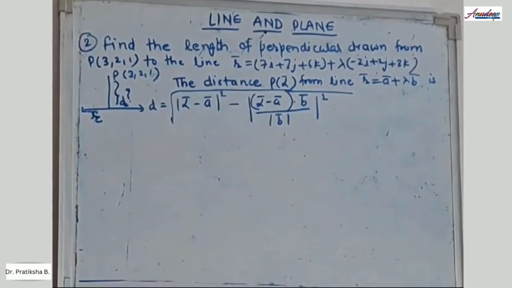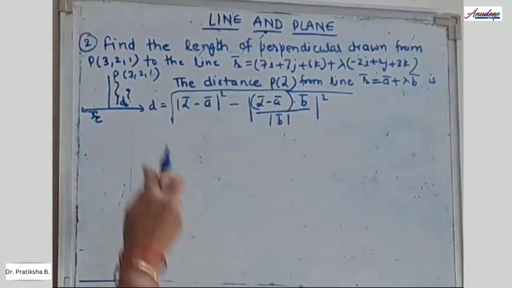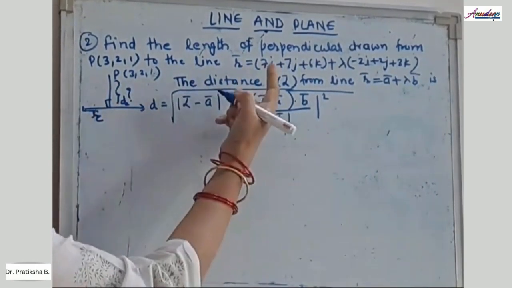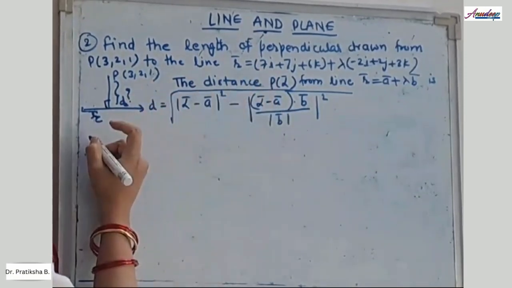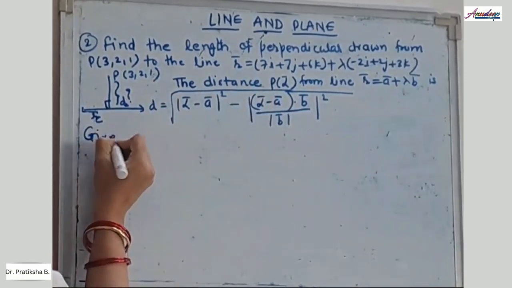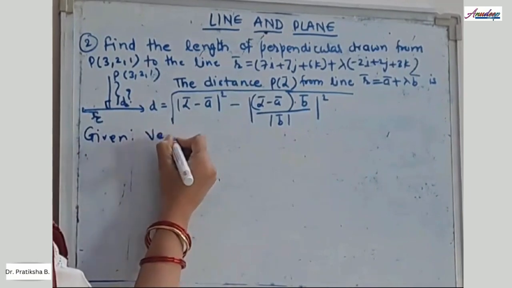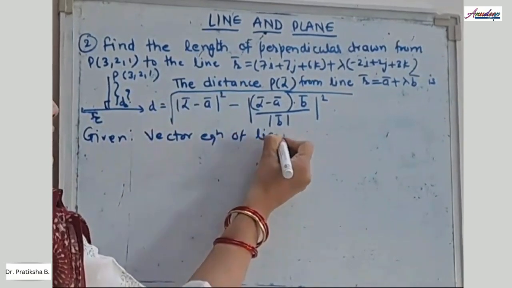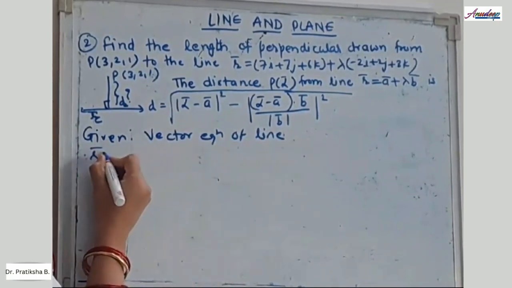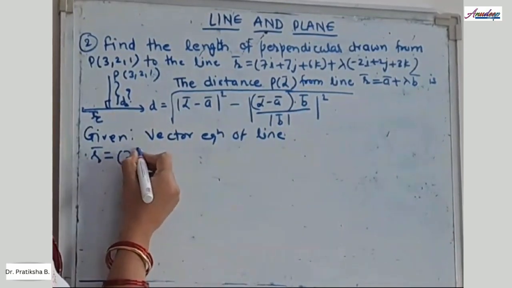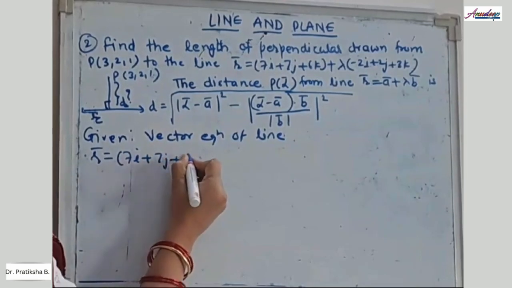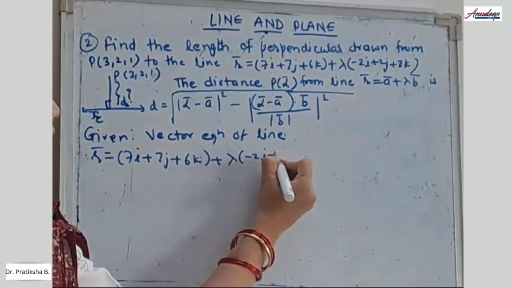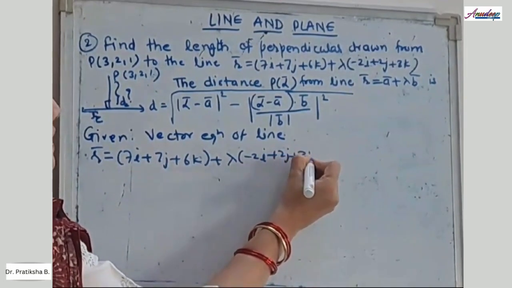In the second problem, we have to find the perpendicular distance of a point from a line, and we have been given the vector notation of the line. So the vector equation of the line is given as r vector equal to 7i plus 7j plus 6k plus lambda into minus 2i plus 2j plus 3k.